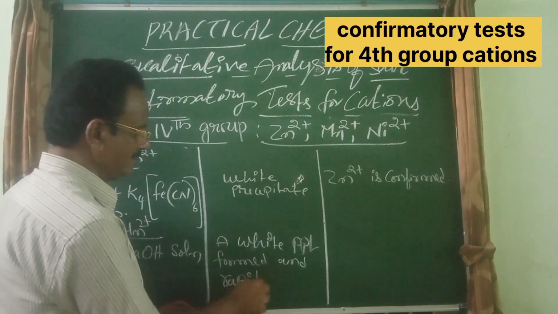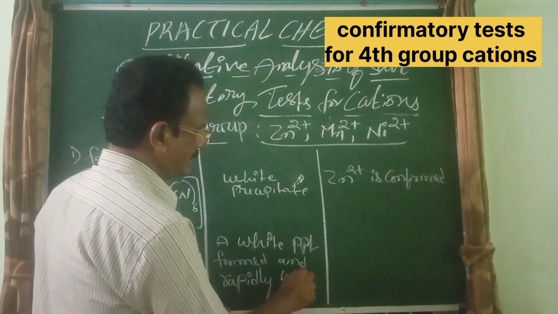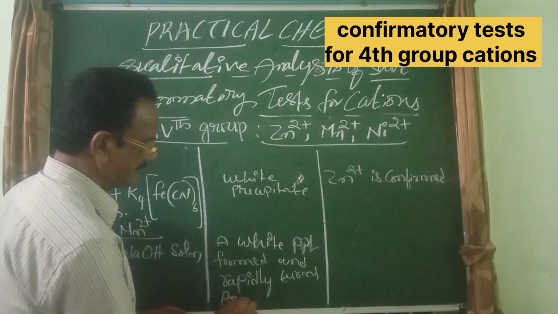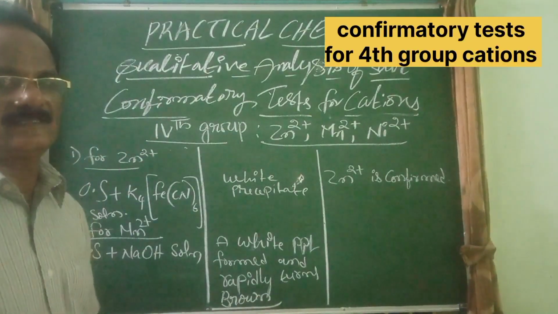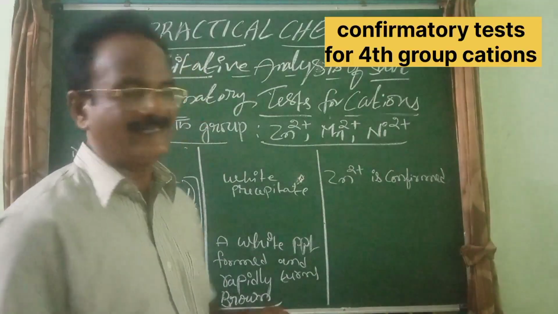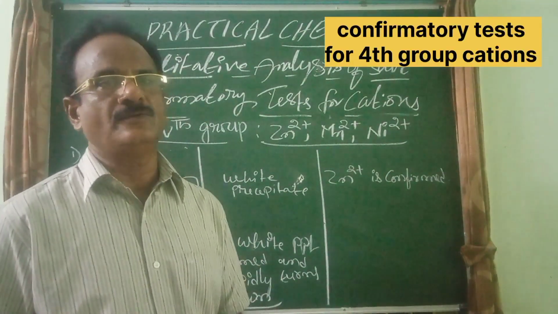Rapidly, that means it gets oxidized. Rapidly turns to brown. Keep in mind, the final precipitate is brown. Okay, just it appears as a white precipitate for a few seconds, and then it turns to brown.